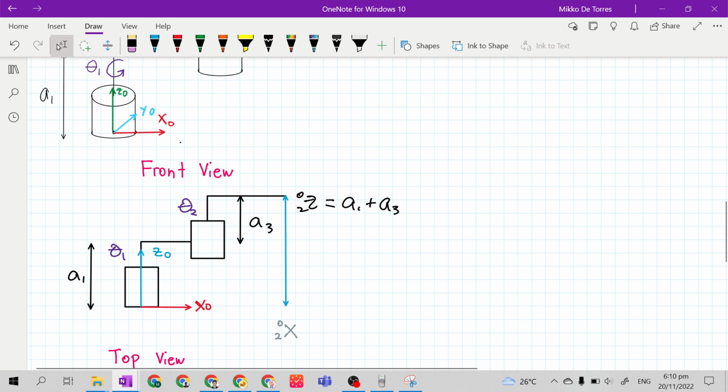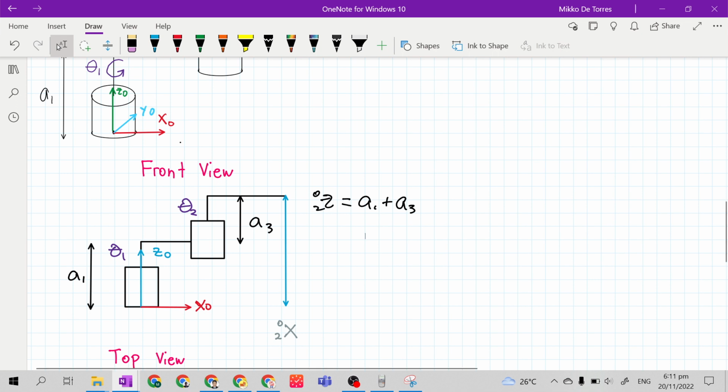Then A sub 3 is from the middle of the second joint to the end of this link. If you add these two, the resulting sum is Z02. Because of this, you already have the first position vector.